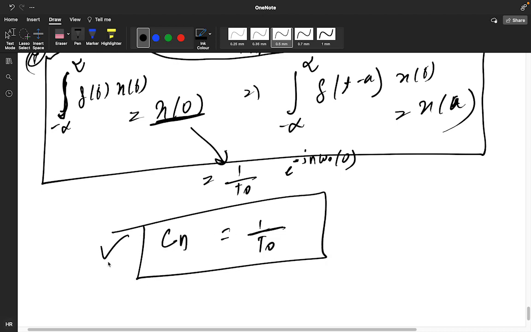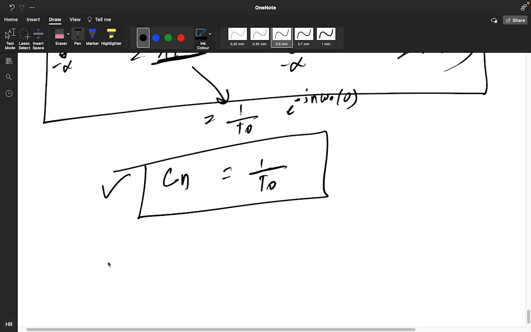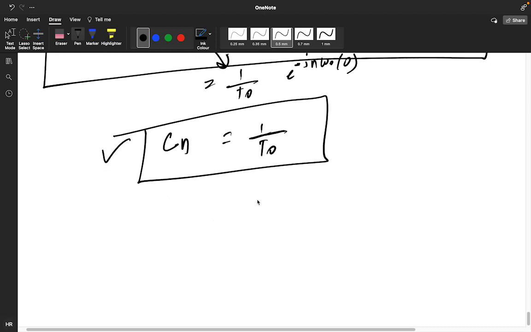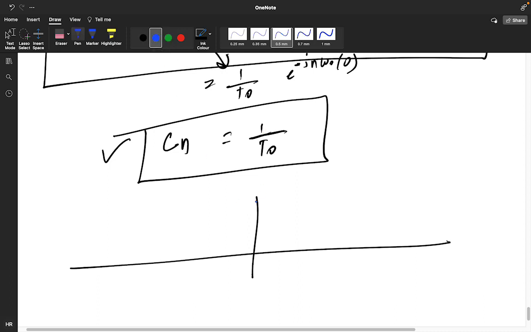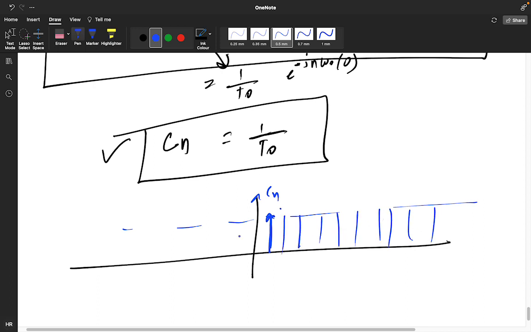C of n value. This is my answer, c of n. And in the graph how will you represent c of n? It is like this, this is 0, this is 1, 2, 3, 4, 5, 6, 7, minus 1, minus 2, minus 3, minus 4.